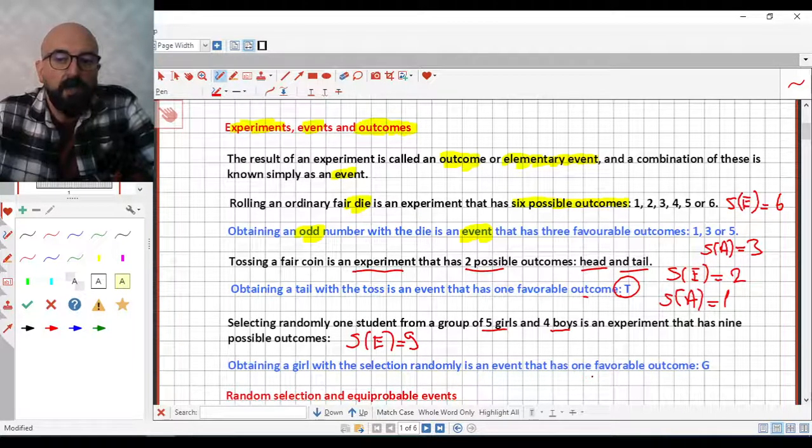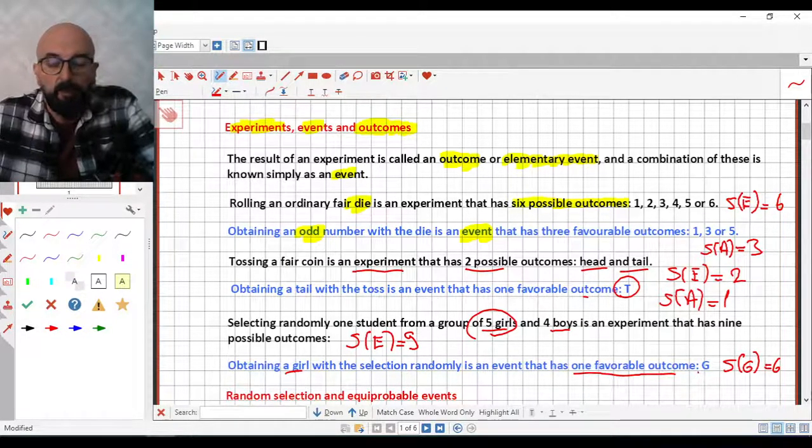The number of favorable outcomes for selecting a girl is 5, since we have 5 girls.